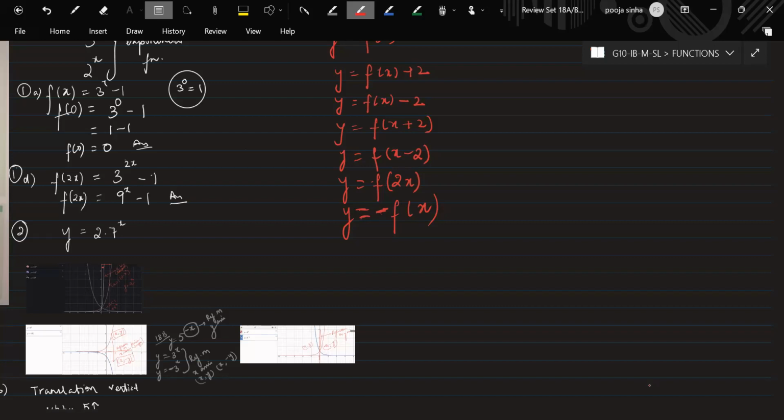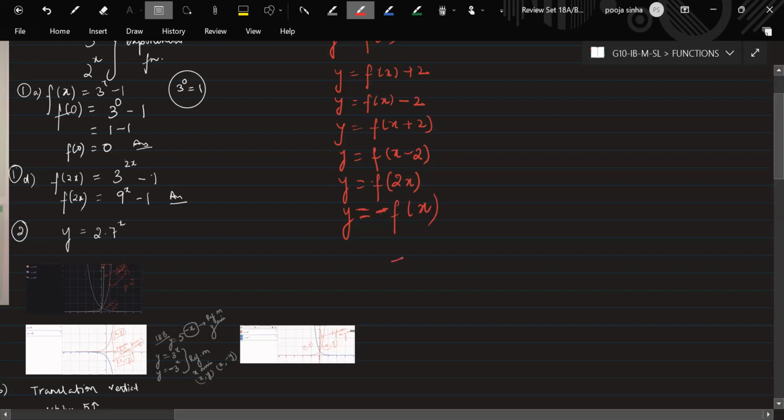So, miss, wouldn't you put a minus bracket before the f? Not needed. f(x) represents a function. What you've written will hardly make any difference. It means the same thing.